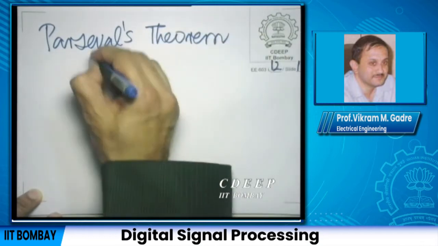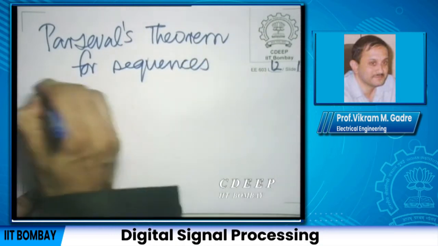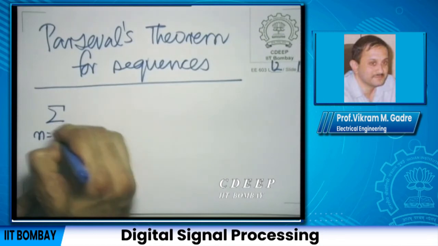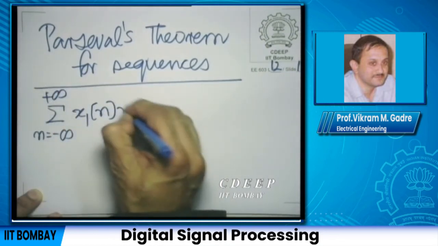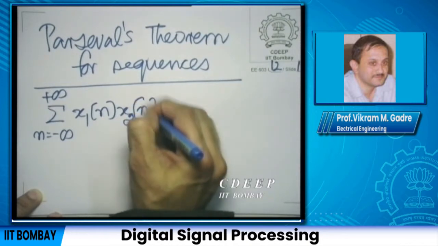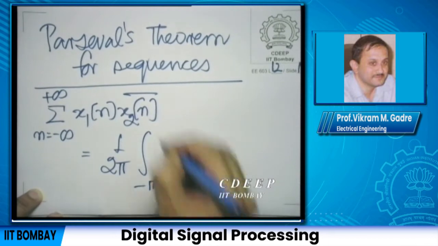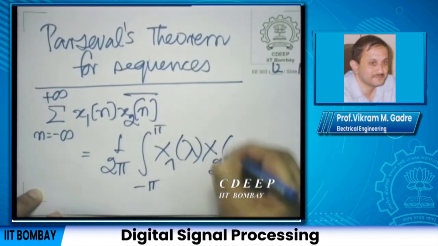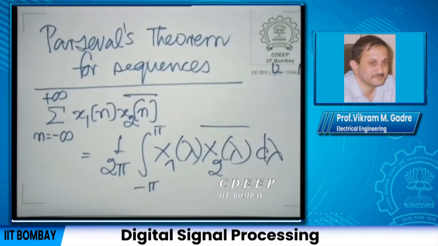For sequences, we are saying in effect that the dot product of the sequences is unchanged whether you look at it in time or in frequency. And there is one specific consequence of this dot product, which we shall see in a minute.